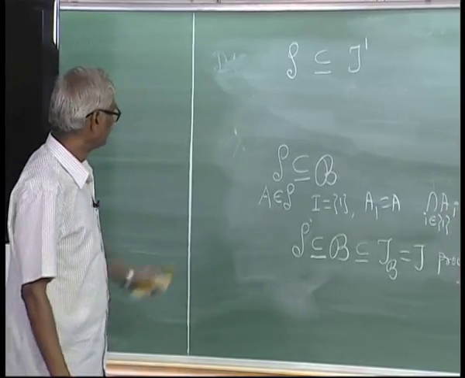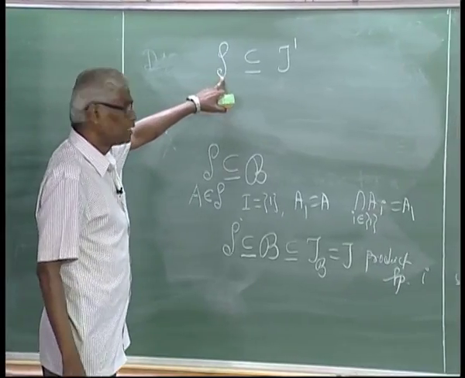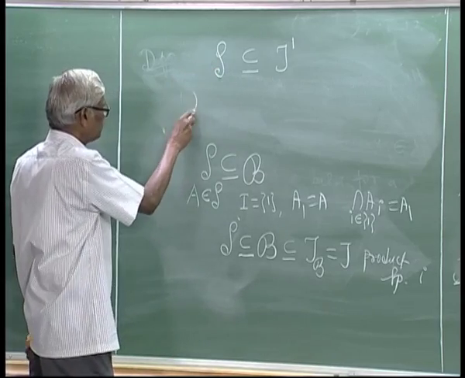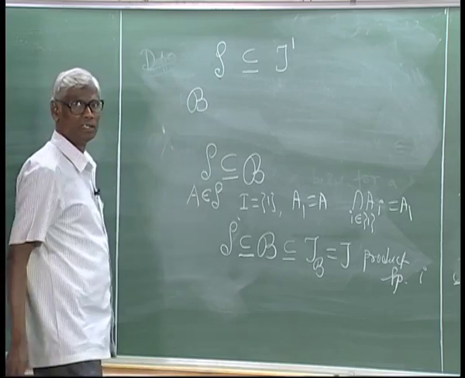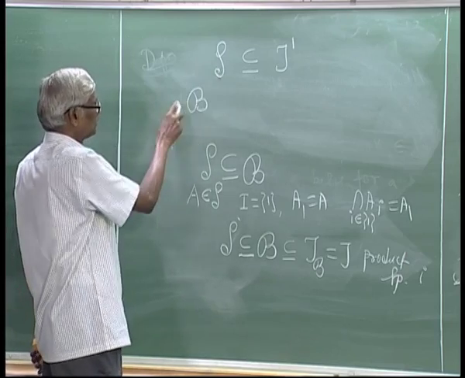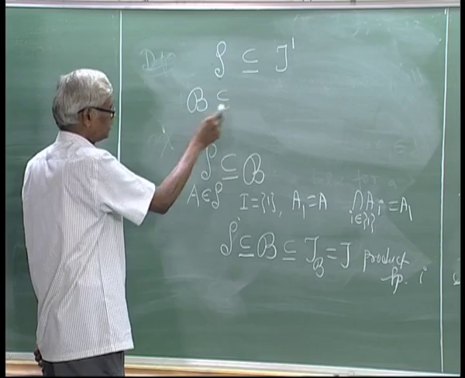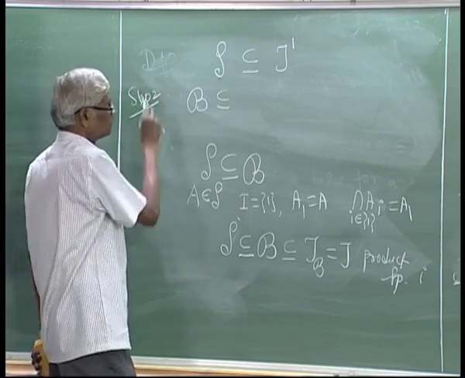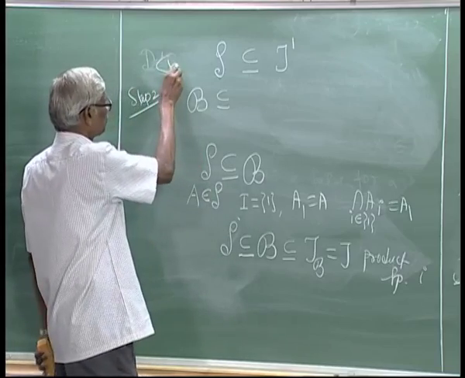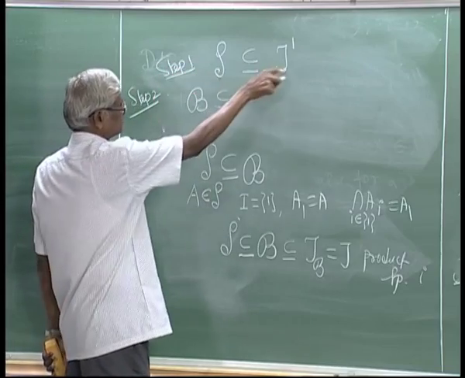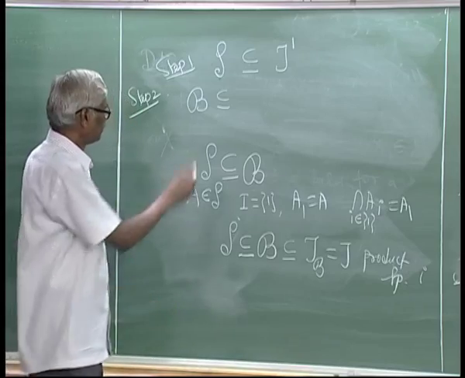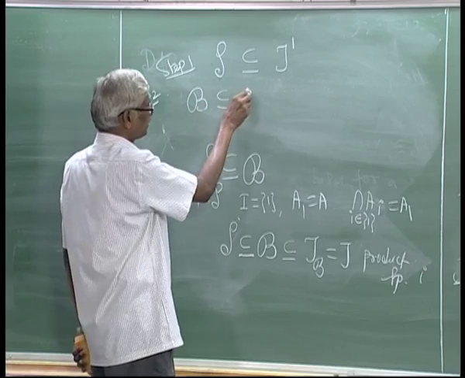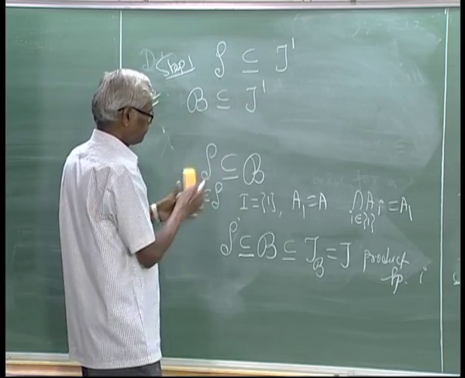Now, from the collection S we got beta. Using this, let us prove that beta is a subcollection of tau prime, that is step 2. Step 1 is we have proved that S is a subcollection of tau prime. Now we aim to prove beta is a subcollection of tau prime.